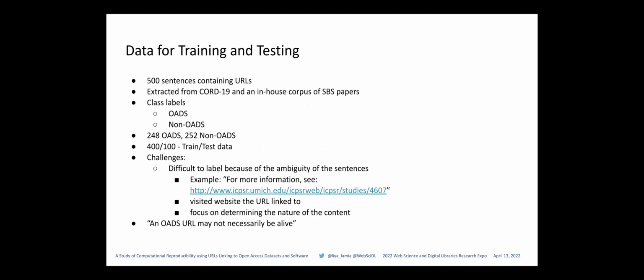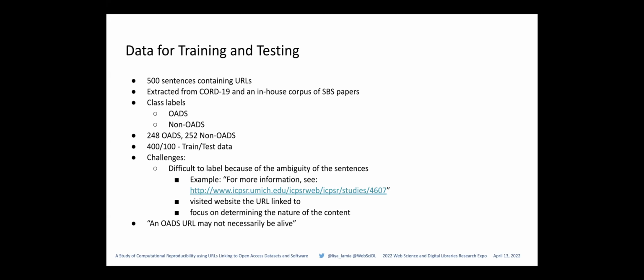For the training and testing of our model, we created a dataset of 500 sentences that contain URLs, and we extracted all those sentences from CORD-19 data and an in-house corpus of social and behavioral science papers. We use 2 different class labels: OADS and non-OADS. OADS, a term I have already introduced, means that the URL links to an open access dataset or software, and non-OADS means it's a general URL which doesn't link to any open access dataset or software.